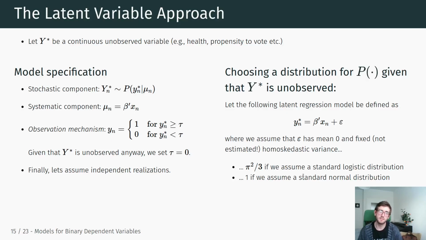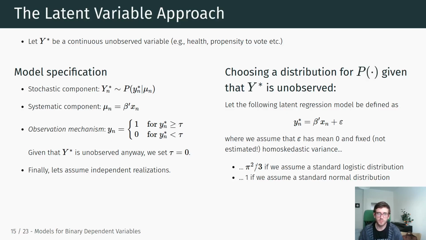Sorry, I should have said the other way around. If we assume a standard normal distribution, then this error term has a variance of 1. If we assume a standard logistic distribution for P, then the variance in the error term is equal to pi squared divided by 3. Okay, so depending on what distribution we assume here, we get different error variances in our unobserved latent construct.